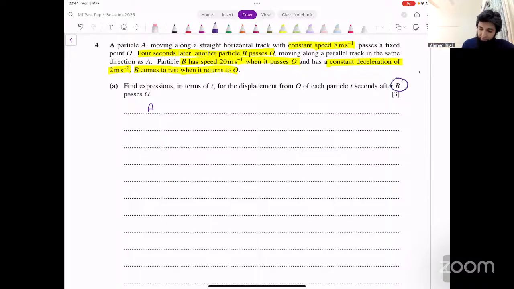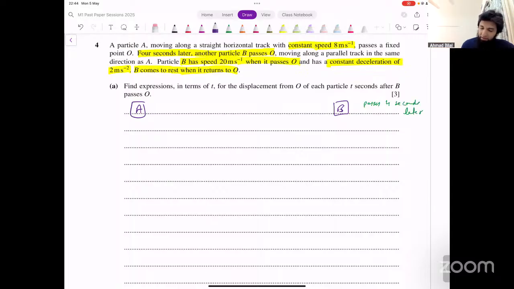So t is the time for B. We've got A here, we've got B here. B starts later, right? B passes 4 seconds later.